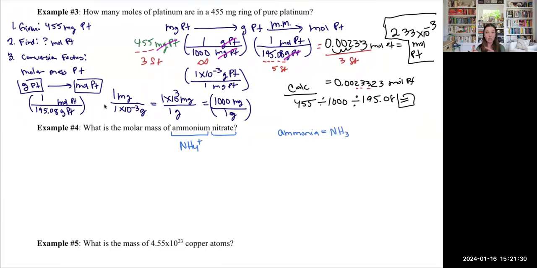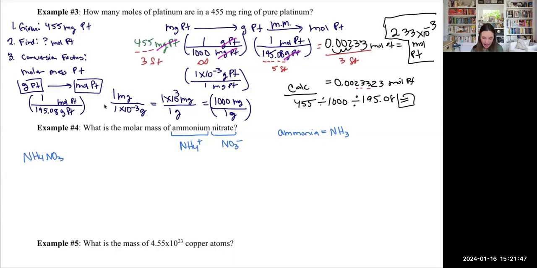Nitrite is NO2 minus, nitrate is NO3 minus. So if I have a +1 and a -1 ion, a 1-to-1 ratio makes that neutral. So ammonium nitrate, the chemical formula is NH4NO3.